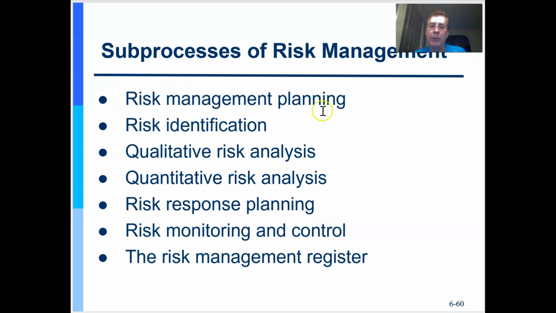And whenever I do management planning, that tells me how in detail I'm going to do the other processes that fall under it, including risk identification, qualitative and quantitative analysis, risk response planning, and monitoring and controlling. Whenever I have management planning, I'm planning how I'm going to do in detail all these other processes. So there's 7 processes here that you have to manage just in risk alone.